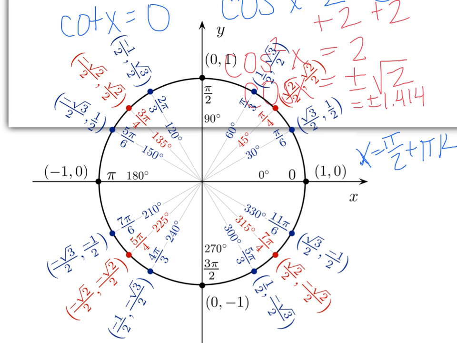What do we know about the cosine graph? We know that it looks like a bowl. It goes up to 1, down to negative 1. Where is it ever going to reach 1.4? It's never going to reach that. So we don't solve that. Our only solution is the one that came from the tangent side.